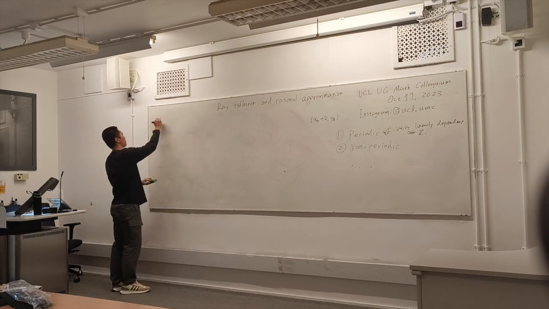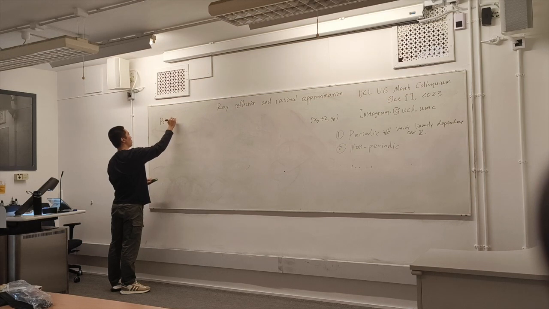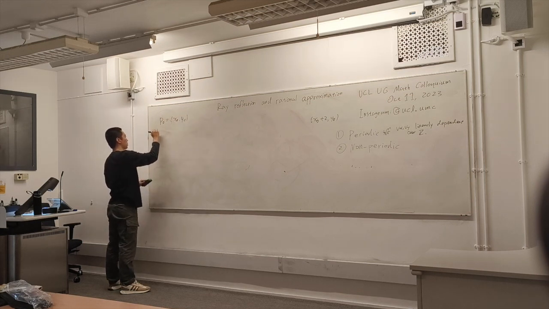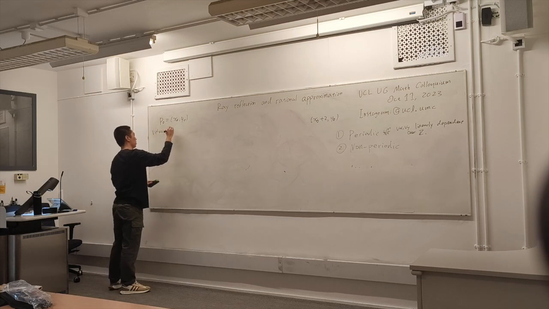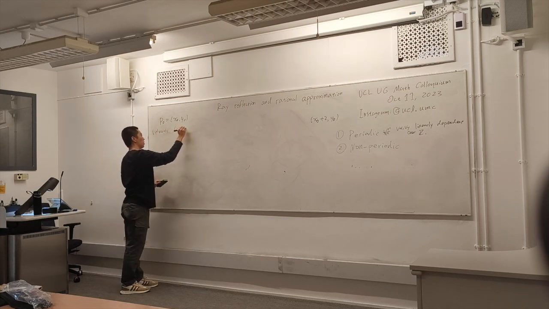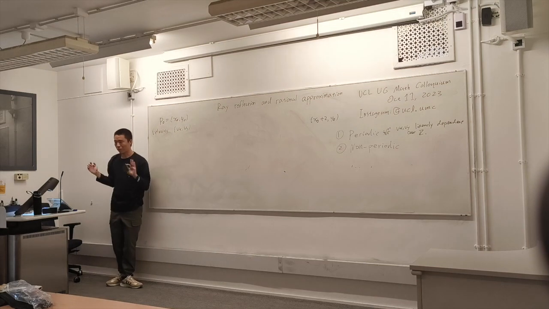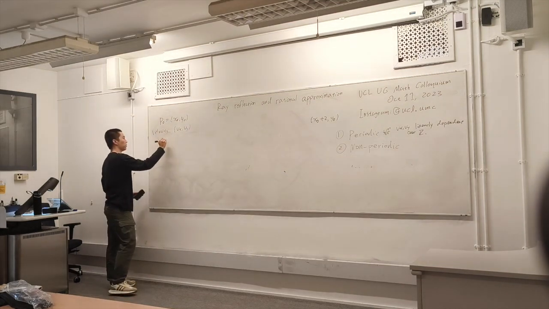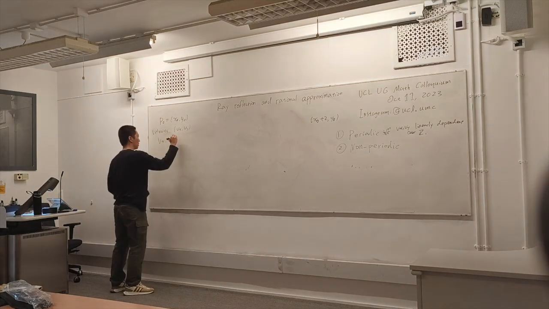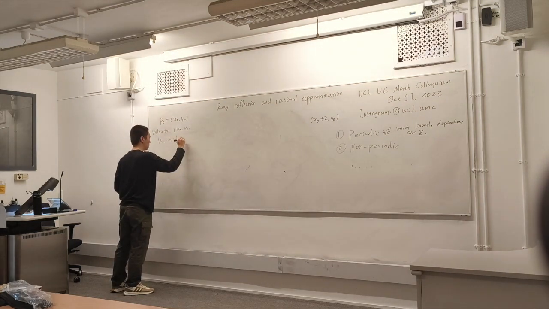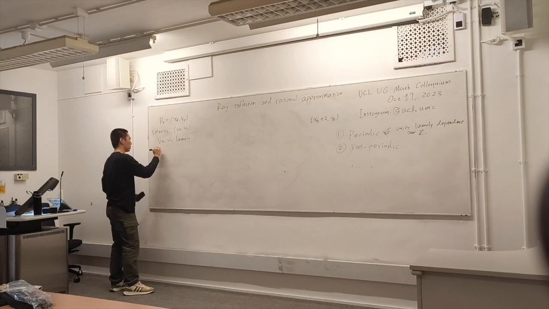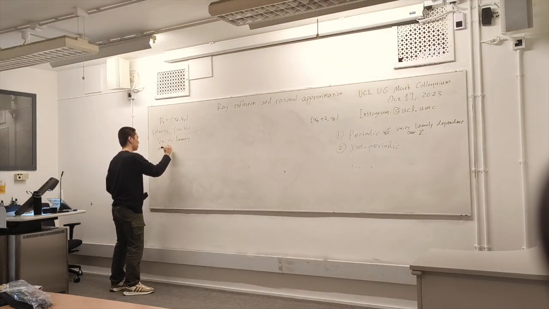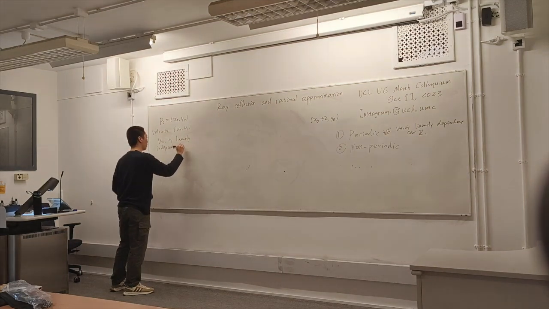Okay, so we still remember that this is the starting point, and this is the velocity. But because we are investigating the non-periodic case, we also need to specify that Vx and Vy are linearly independent over integers.